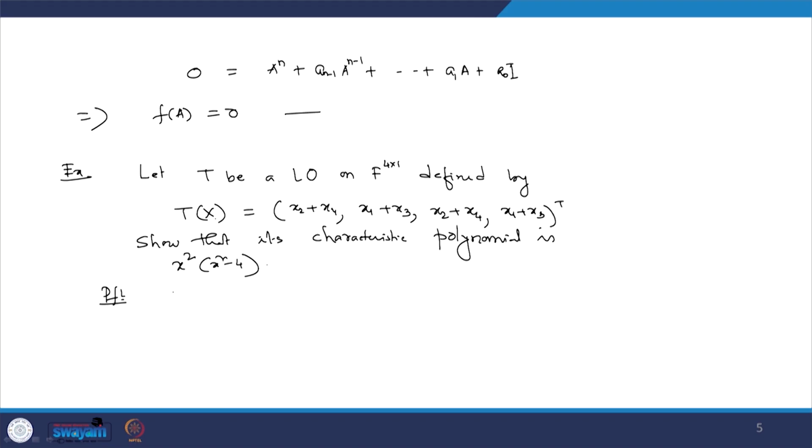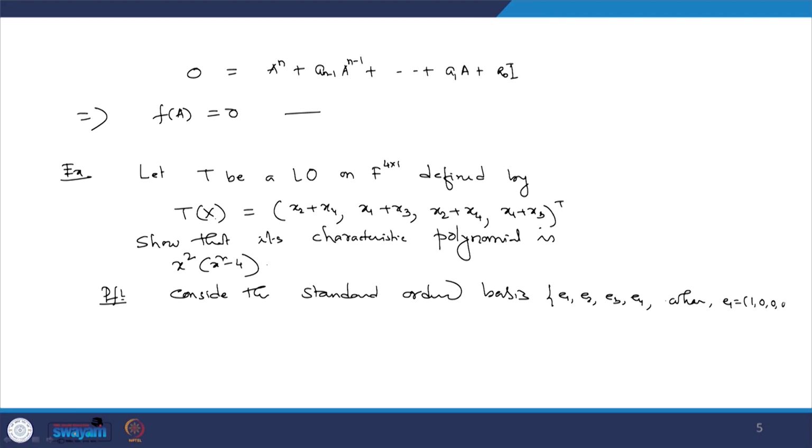So, consider the standard ordered basis E1, E2, E3, E4, where E1 equal to say 1 0 0 0 transpose, E2 is equal to 0 1 0 0 transpose, and so on, please.